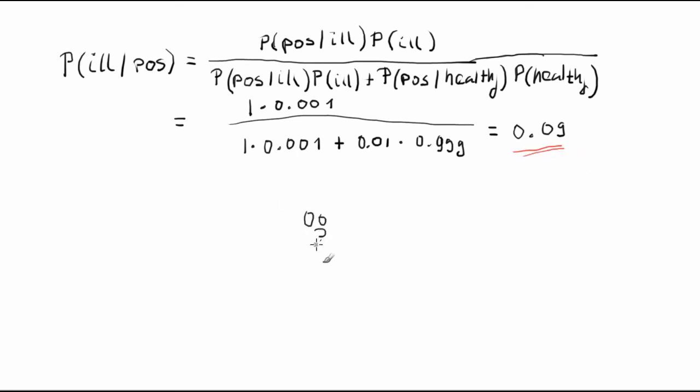Despite the test being efficient, the posterior probability is so low because our prior knowledge of the disease indicates that it is very rare.